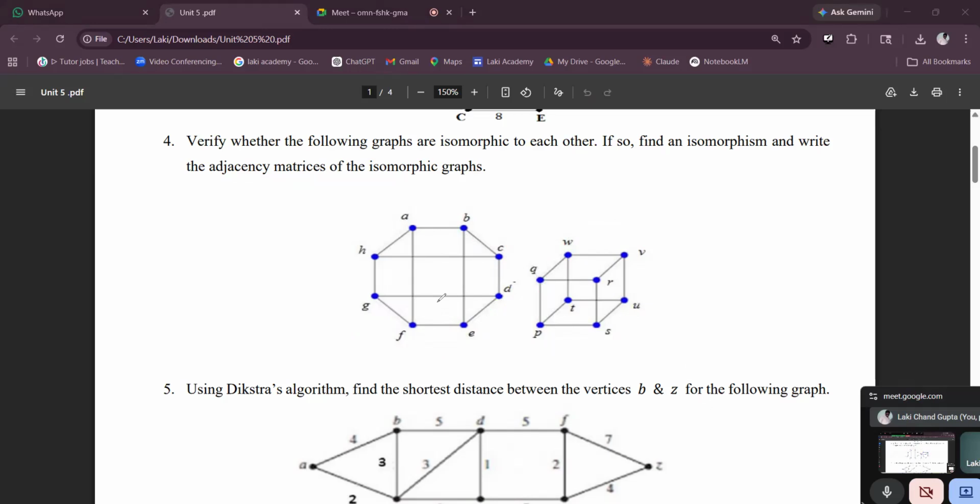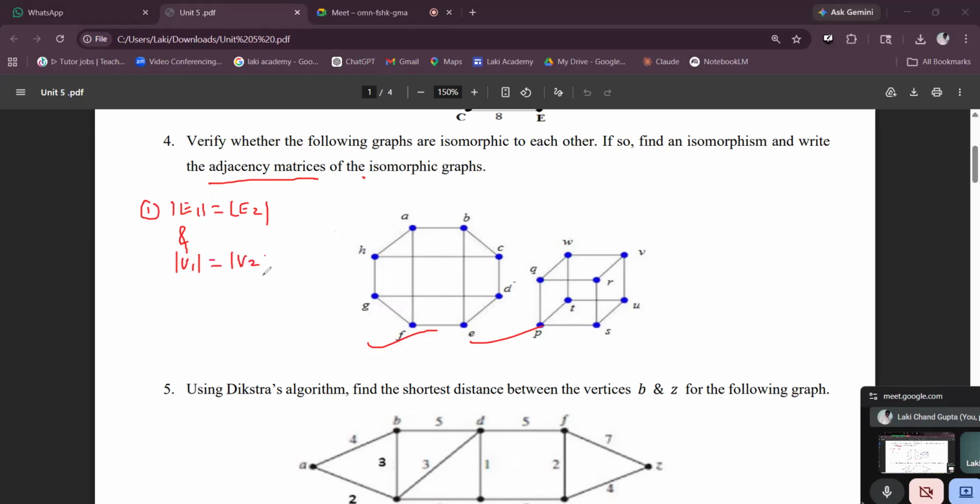Degree sequences are the same. Adjacency is preserved. You have to write the adjacency matrix, and the number of edges and number of vertices are the same.